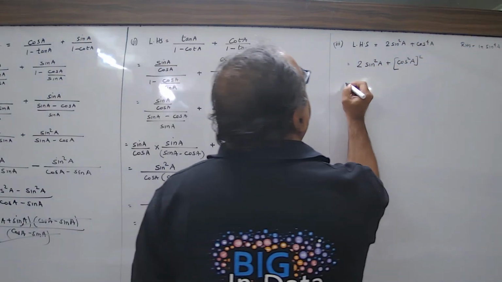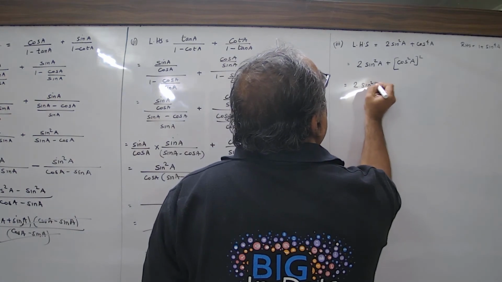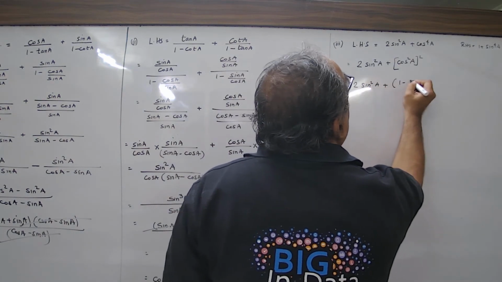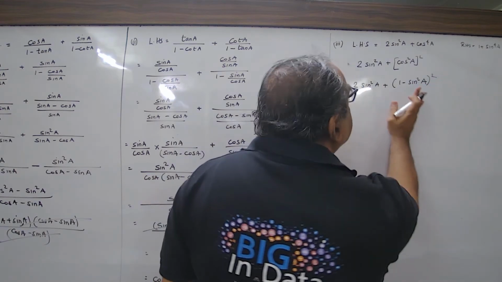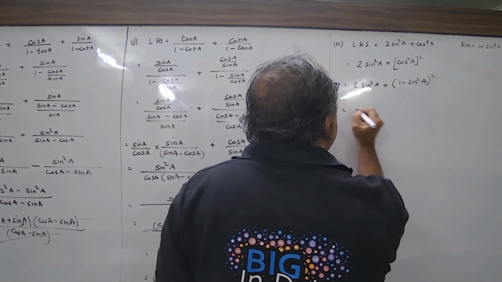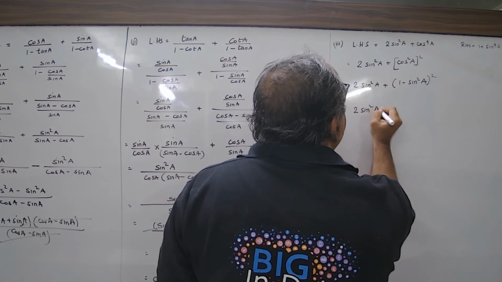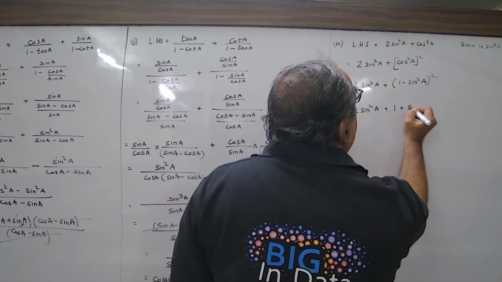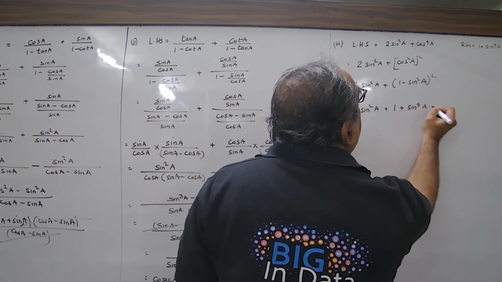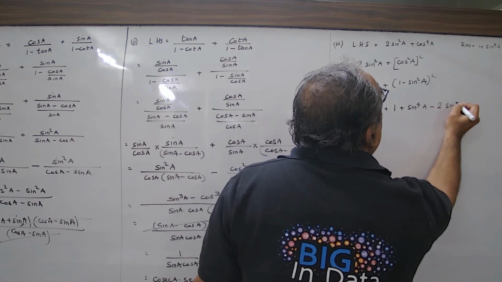So I'm going to write this as 2 sin squared A plus (1 minus sin squared A) the whole square. This has become (a minus b) the whole square, which is a squared plus b squared minus 2ab.